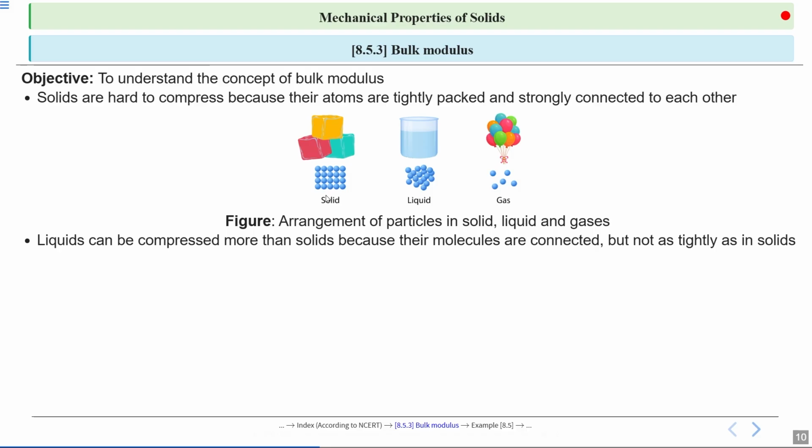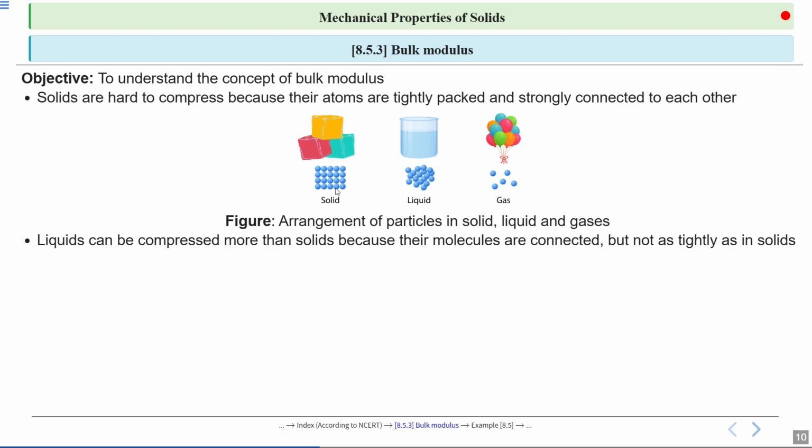Now let's look at liquids. Liquids can be compressed a bit more than solids because their molecules are still connected, but not as tightly. In the figure, you can see that the particles in a liquid are close together but can move around each other.